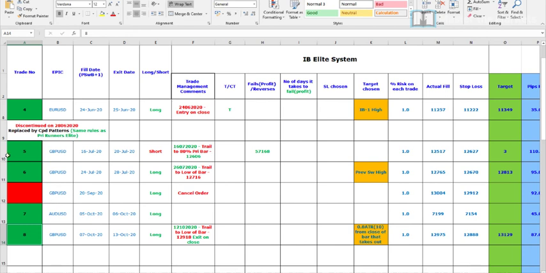Now, if you were to add all of that up together, that would be 1.03 plus the 1.02, so that is 2.05% on the elite room. And in terms of pips, that's about 162 pips in total.